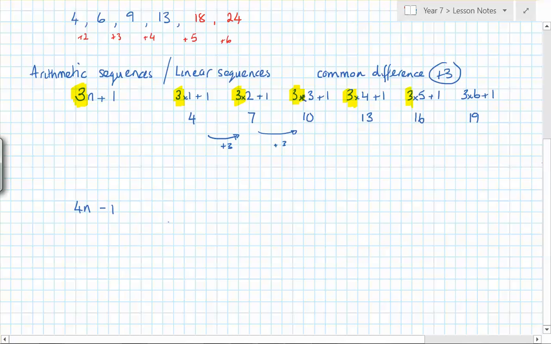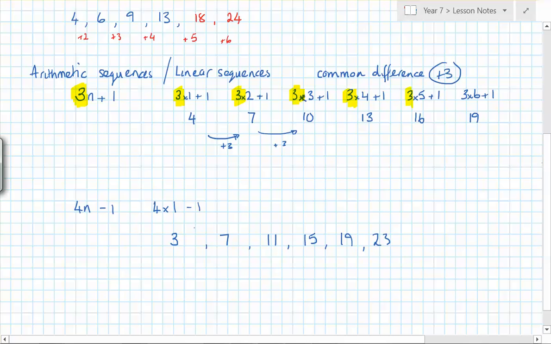If we wanted to work out the sequence, we could say the first number is 4 times 1 minus 1, which makes 3. But then the next term will be 7, then 11, then 15, then 19, and then 23.